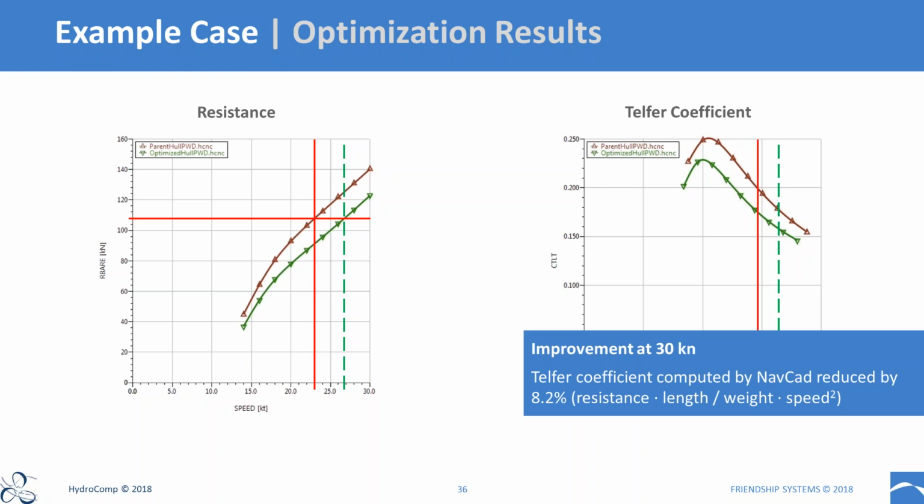Specifically, if we look at the improvement at 30 knots, which was one of the target speeds for which we optimized, if you remember, we had resistance at 22 and 30 knots as the objectives for the optimization. Here we can see that the Telfer coefficient was reduced by 8.2%. There is also an explanation of the Telfer coefficient if you're not familiar with it.